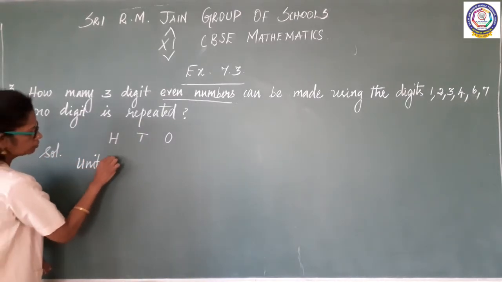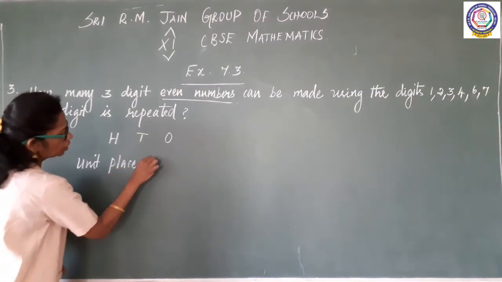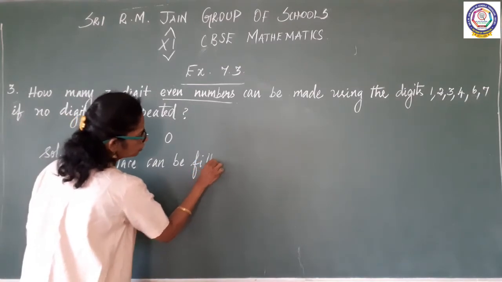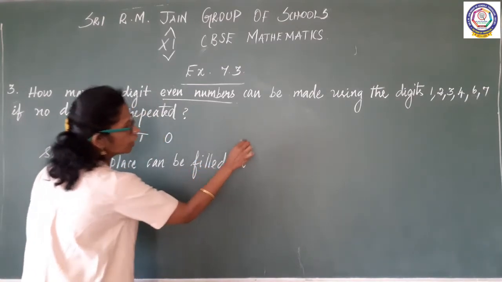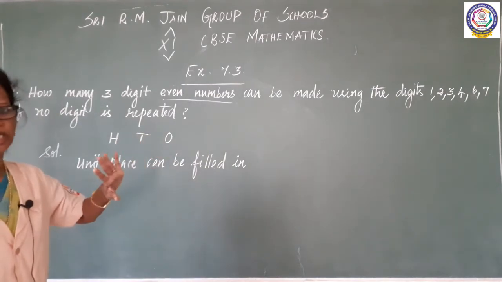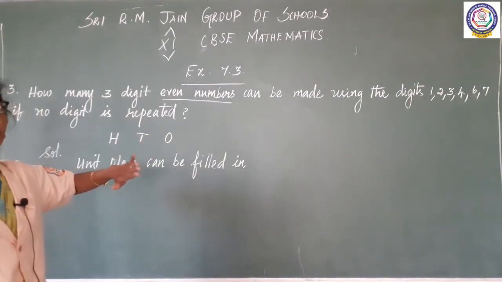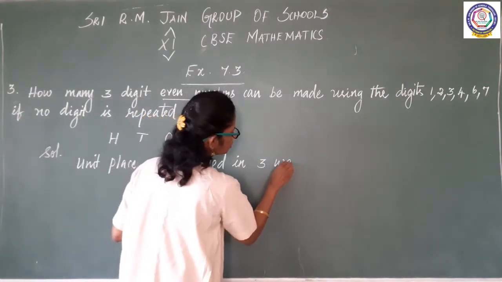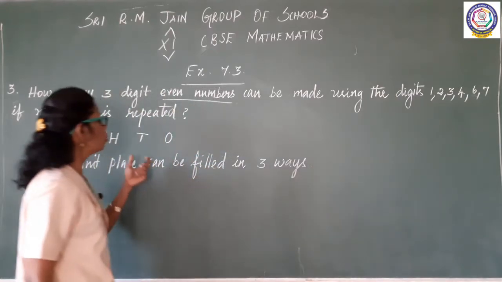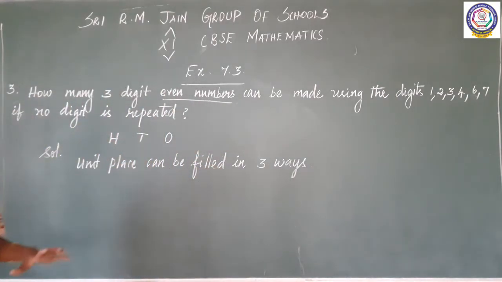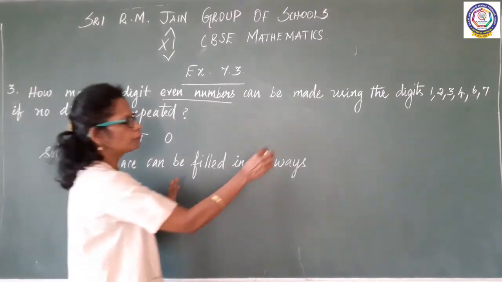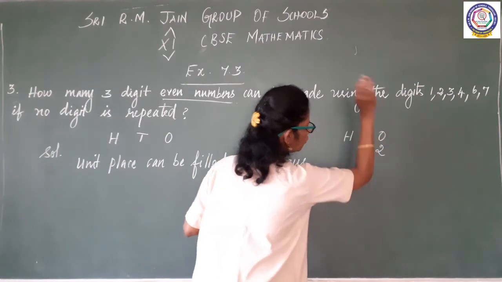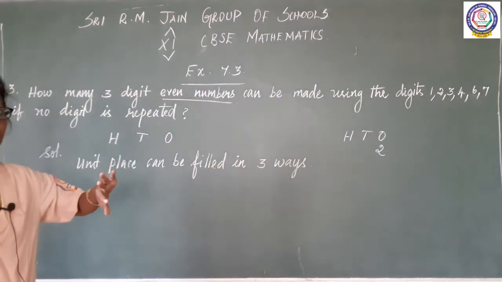So, solution: the unit place can be filled in how many ways? Because 3 things are there, 2, 4, 6, that only will tell you the number is an even number. So, it can be filled in 3 ways, right? Here one more condition they said, no digit is repeated. For example, if 2 is fixed in the ones place, that means you should not take 2 again.